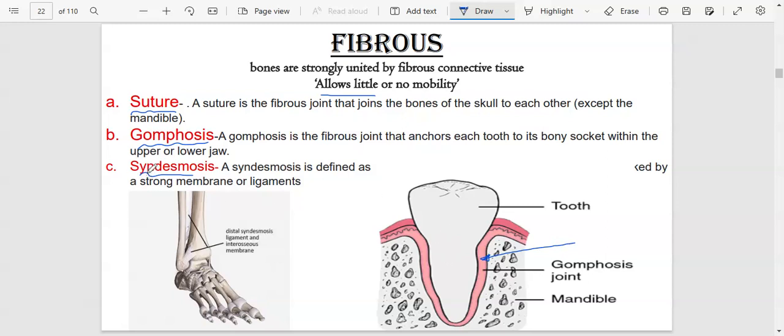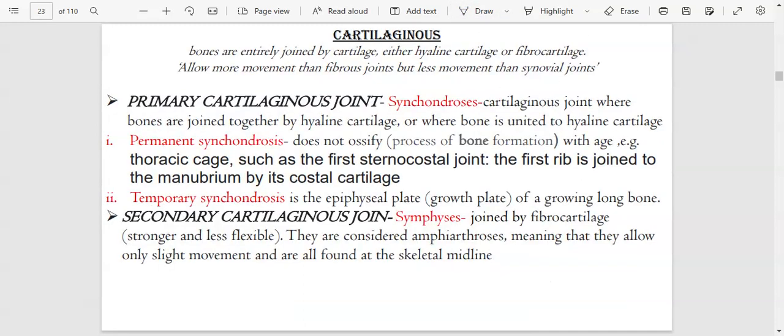So we also have a syndesmosis. A syndesmosis is defined as a strong membrane of ligaments. Okay, a strong membrane of ligaments. Right, so these are examples or classifications that we talked about.